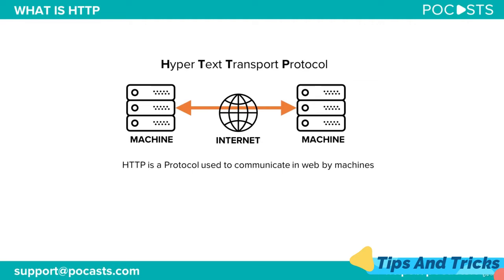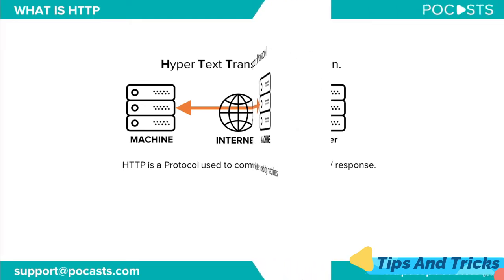So pocast.com is a server sitting somewhere in the web, and you're using a browser to access the site. And all you're doing is saying to HTTP, that's our friend, HTTP, can you go and connect to this pocast.com server and fetch the site for me? And that's how the protocol helps us to communicate in the web and exchange messages between your machine and the server in the web.